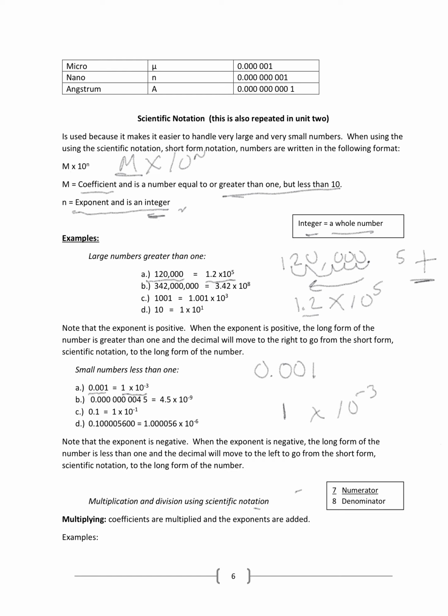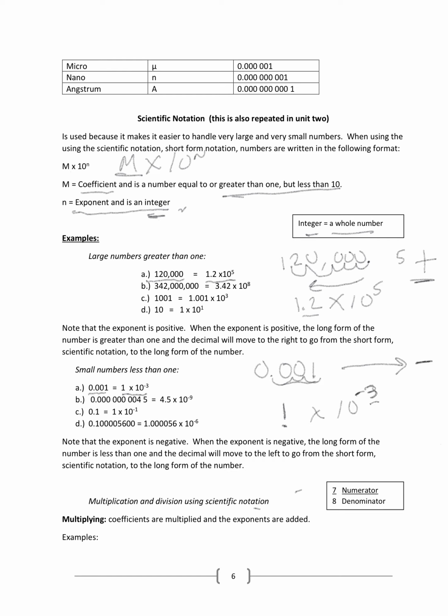In order to convert this coefficient to 1, I need to move the decimal place 1, 2, 3 places to the right. Anytime I move the decimal place to the right in scientific notation, it's going to have to be a negative exponent. So I moved it 3 places to the right, so I'm writing negative 3 as my exponent.